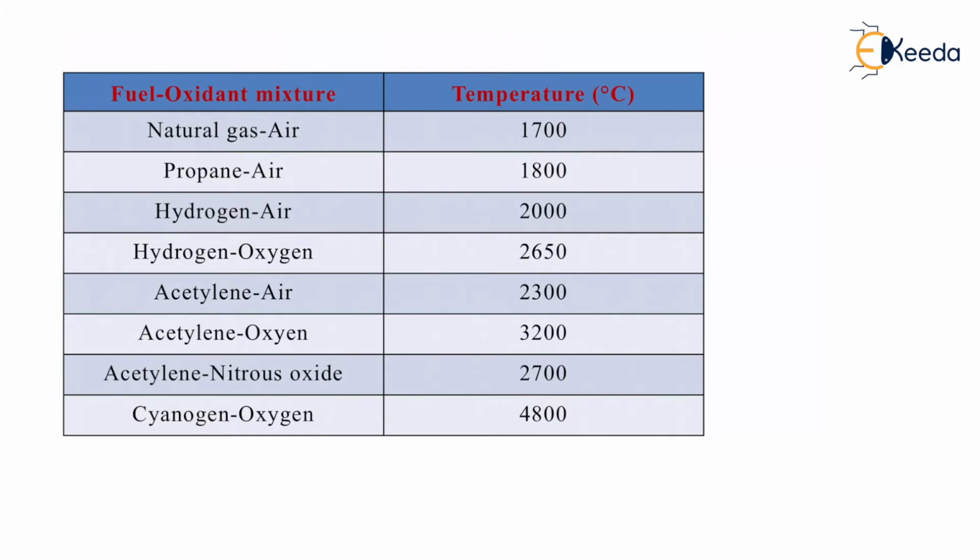Acetylene is again an organic compound. When this acetylene is burned in the presence of air as the oxidant, it gives us 2300 degrees Celsius. Now when the oxidant is changed from air to pure oxygen, it gives us 3200 degrees Celsius.